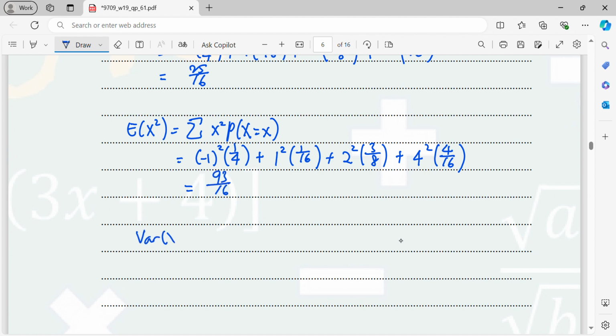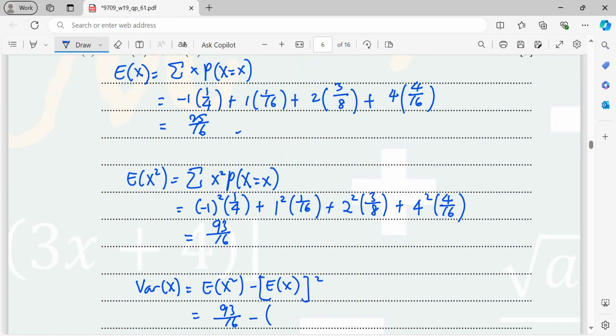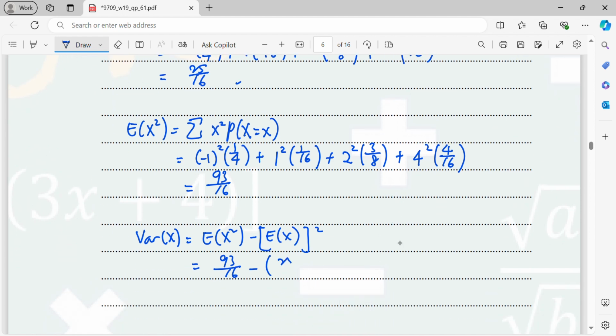So your variance of X is E(X squared) minus the square of E(X). That is going to be 93 over 16 minus E(X), which is 25 over 16, squared. Then from here, you will be getting 863 over 256. So that's the variance calculation.